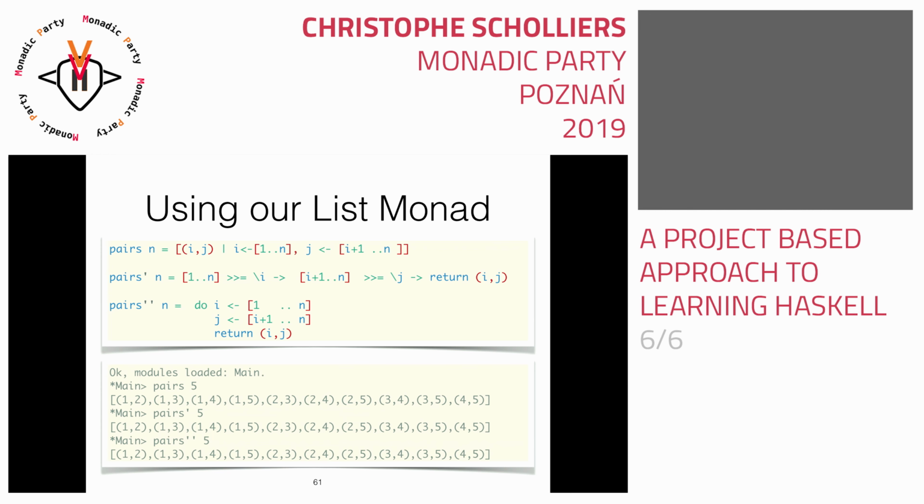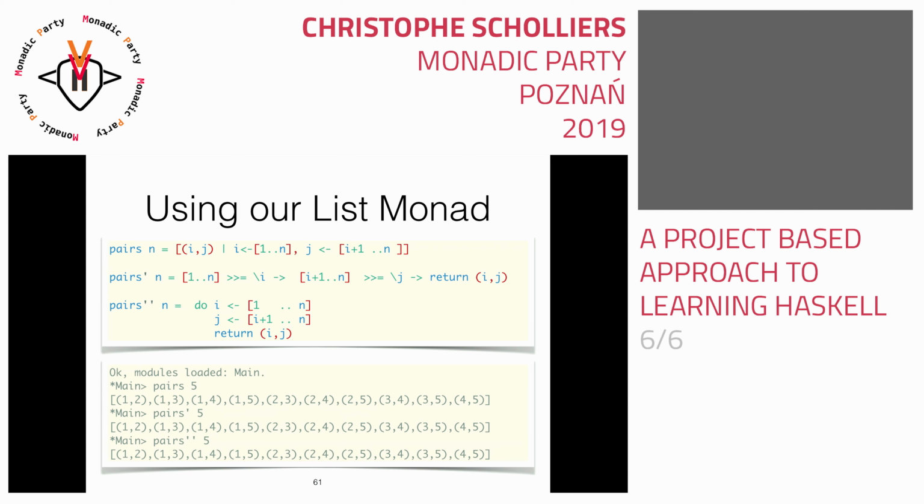Here we take a list from 1 till n, and then we take a list from i plus 1 till n, and we take all the pairs i and j from it. This is going to end up with this list.